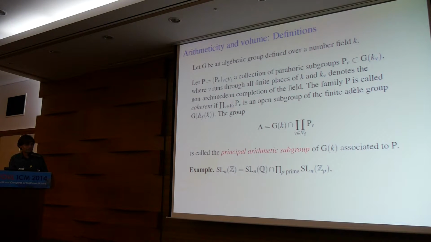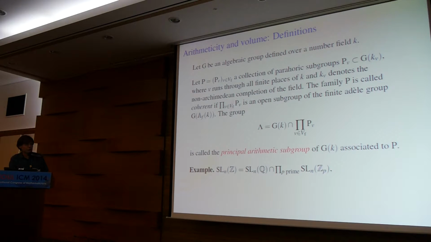So, look at SLN-Z. It can be written as an intersection of the group of rational matrices n by n with determinant 1 and this product, which says that these are p-adic integers, and there is a diagonal embedding here.